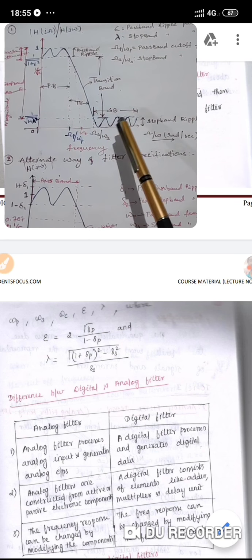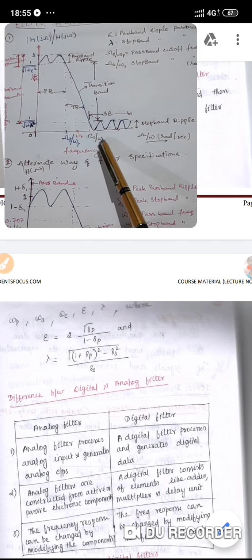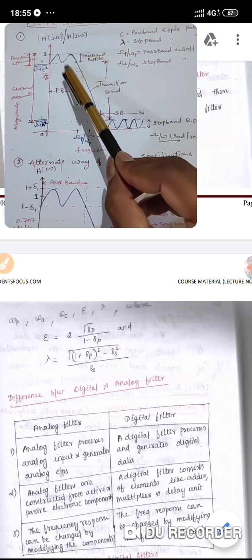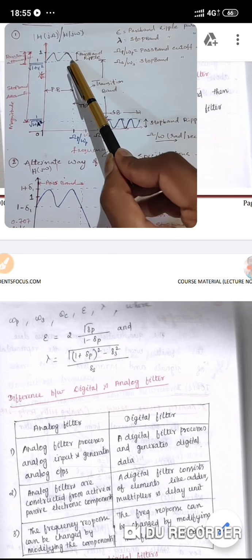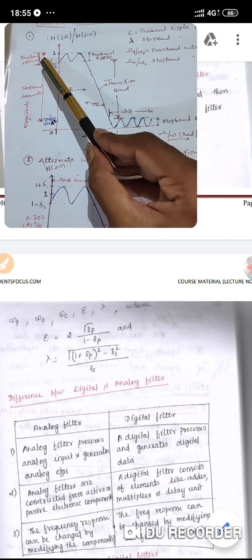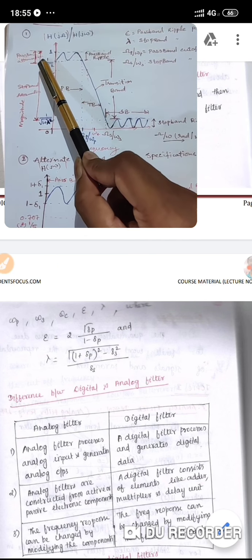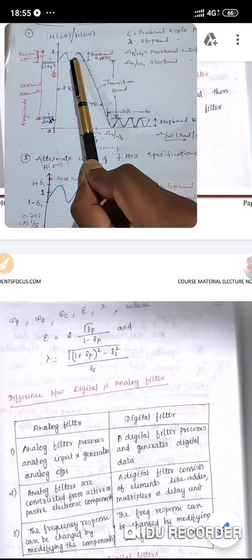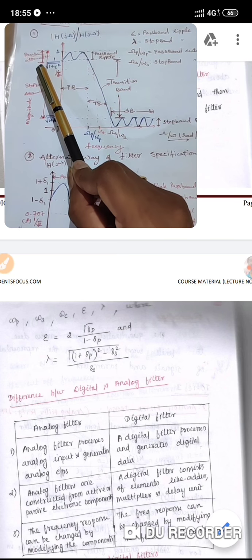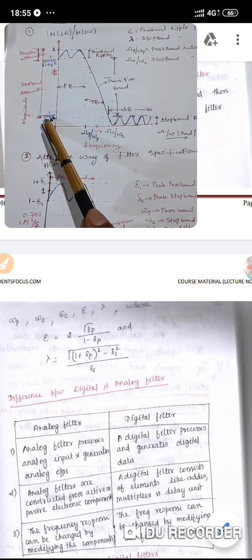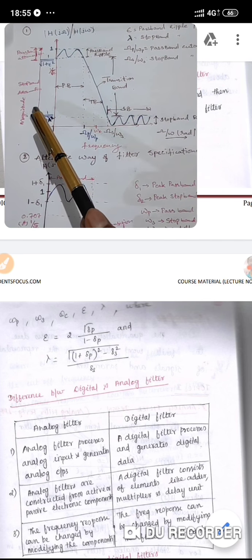The stop band ripple should be as minimum as possible, and the pass band ripple should also be as minimum as possible. This is the pass band ripple, and the attenuation from 1 to this point is called the pass band attenuation, and till here it is called the stop band attenuation.